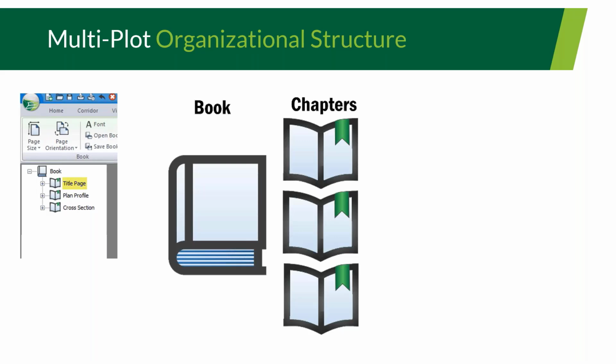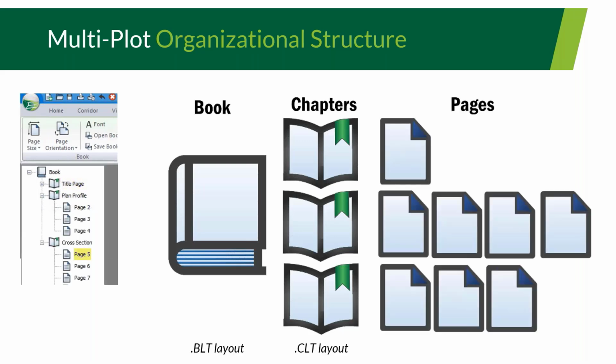These can be things like a title page, a plan profile chapter, maybe a cross-section chapter, as well as additional chapters that have different page ranges or station ranges attached to them if you want to change the layout. So you can have lots of different chapters inside a book, and each chapter represents its own page type.